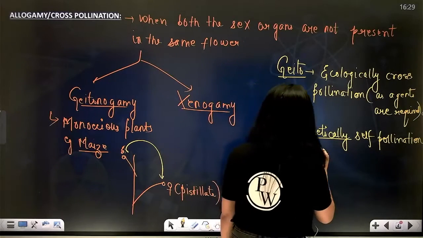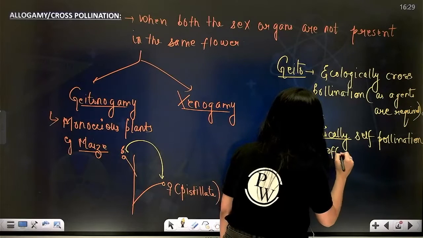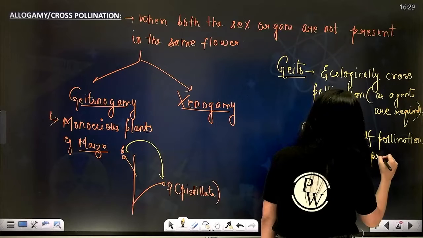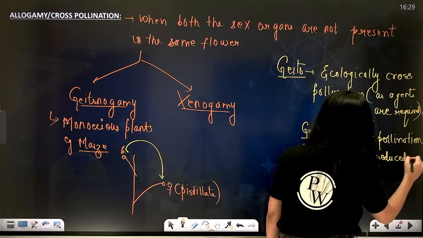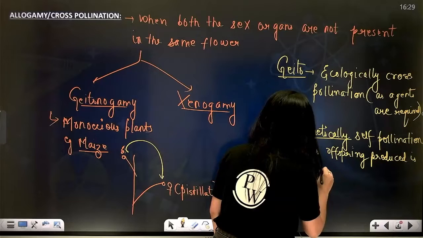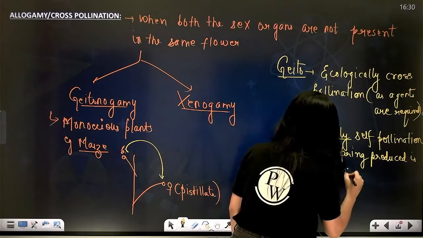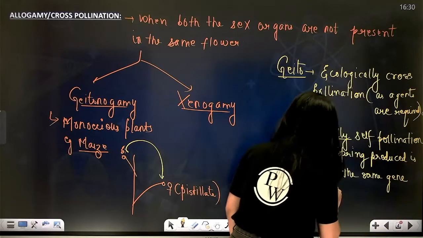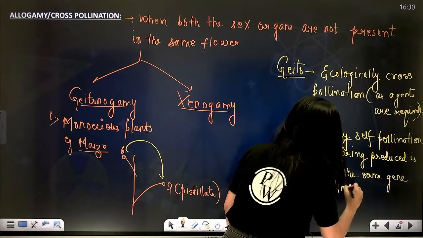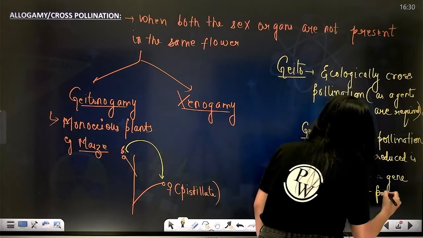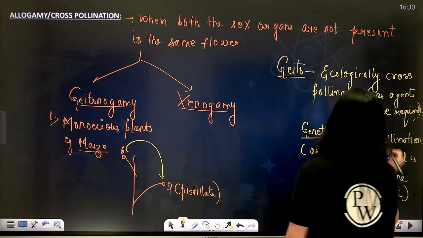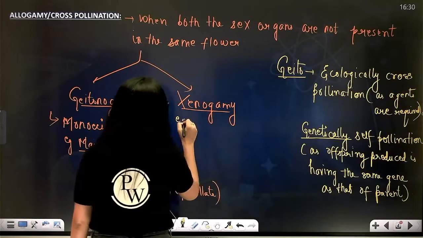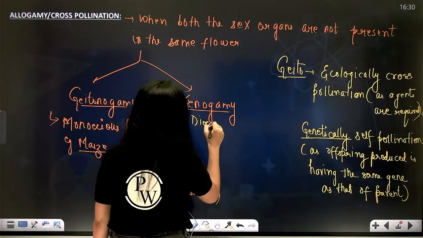The reason is, as the offspring produced is having the same genes as that of the parent. Correct? Now, talking about xenogamy, beta, xenogamy is observed in dioecious plants.